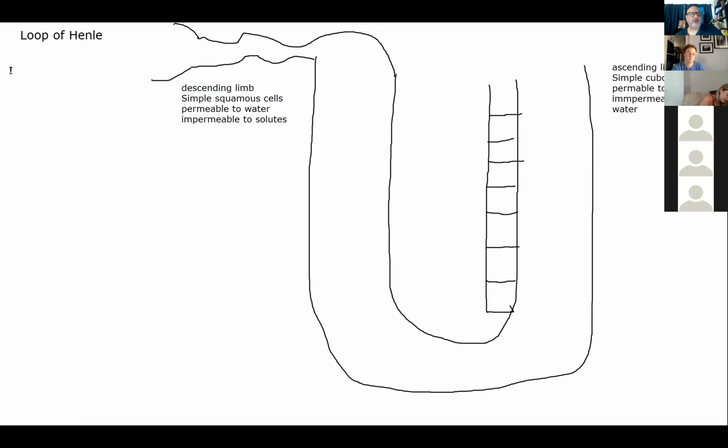Now, again, we are talking about the movement of water and ions. And our driving force for this, as we've talked about up to this point, has been the osmolarity. Remember, osmolarity is measured in milliosmoles.